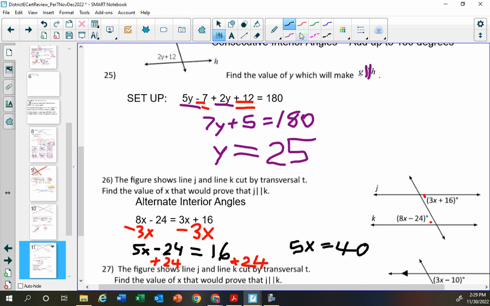And x is 8. There you go. There's your setup.